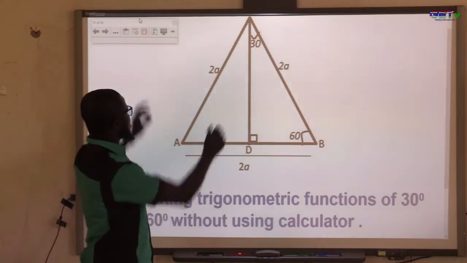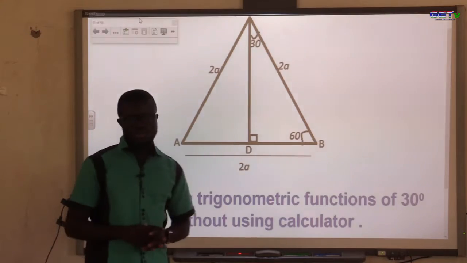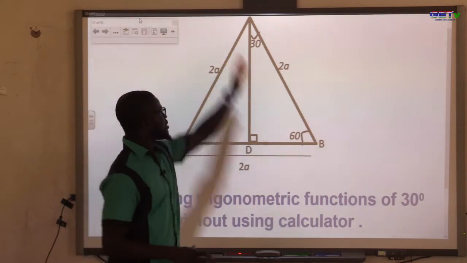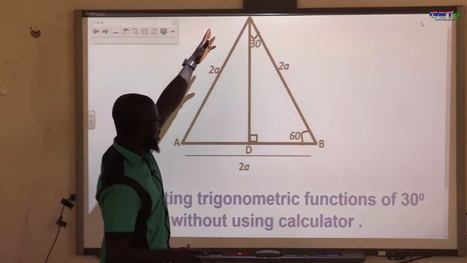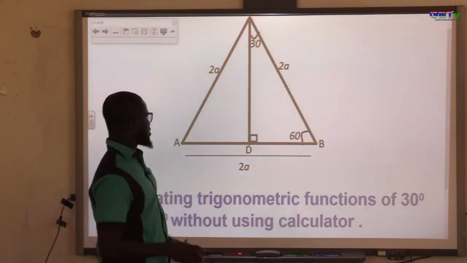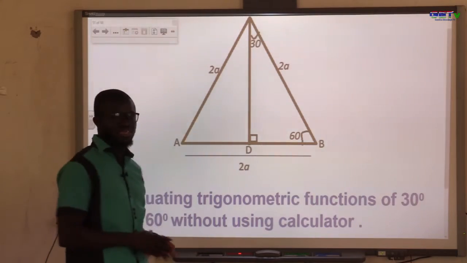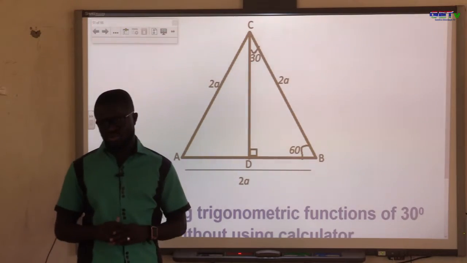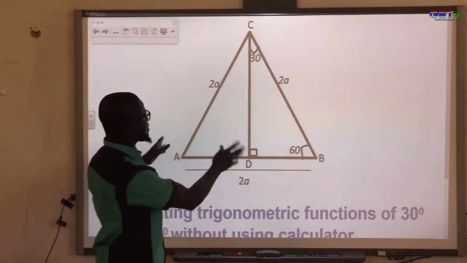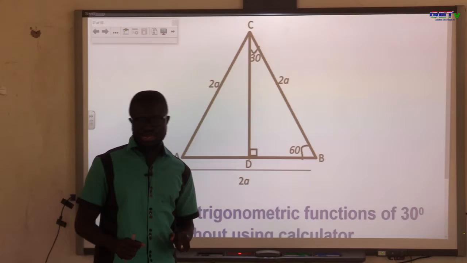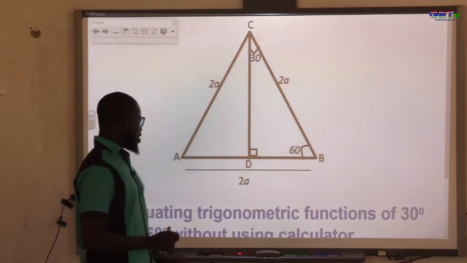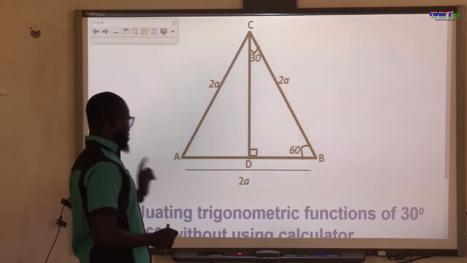Now looking at the triangle that we have on the blackboard, labeled A, B, C, with a perpendicular line that bisects line AB at 90 degrees, labeled as CD. All the sides are equal. So we are going to use this triangle together to help us find the trigonometric functions of 30 degrees and 60 degrees.